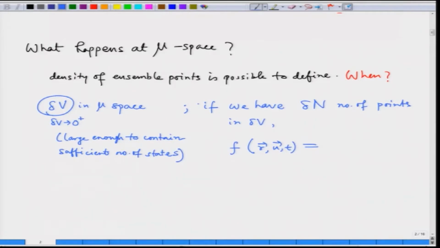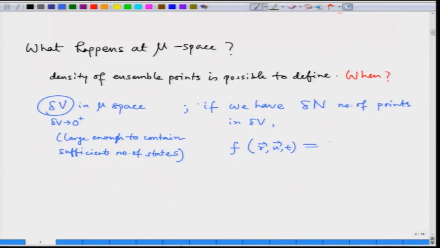So, r is the position, u is the velocity, t is the time. Again, this is one single point of mu space. So mu space is a 6n dimensional space, including t, 6n plus 1 of course.